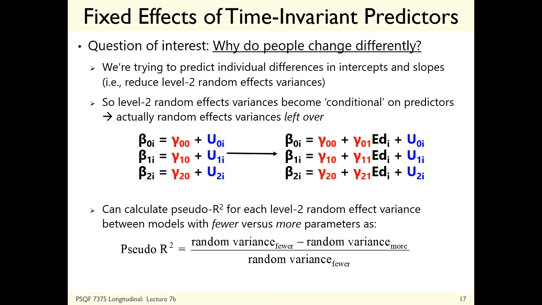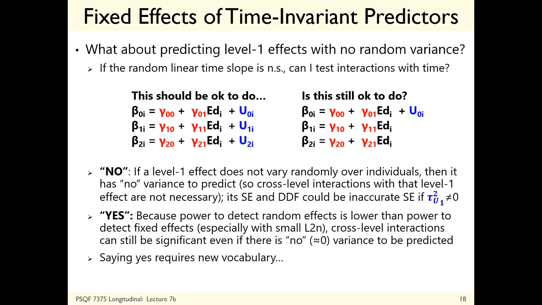Now what if you end up with something different in terms of your unconditional model of time? What if you end up with something like this on the right instead? Let's say that you go through all the steps that we talked about at the beginning of class, testing fixed and random effects of time, and you end up with a model that only has a fixed quadratic effect of time and a random intercept.